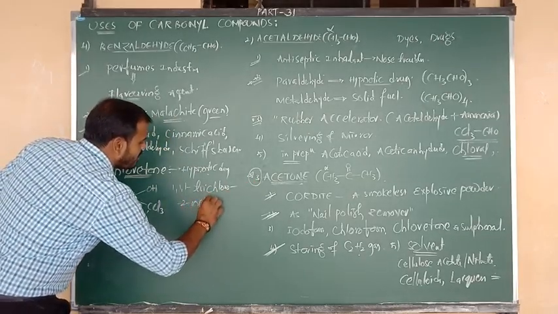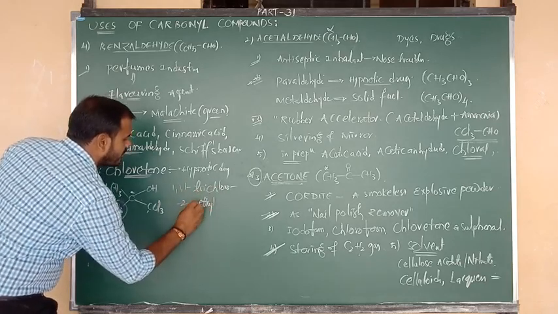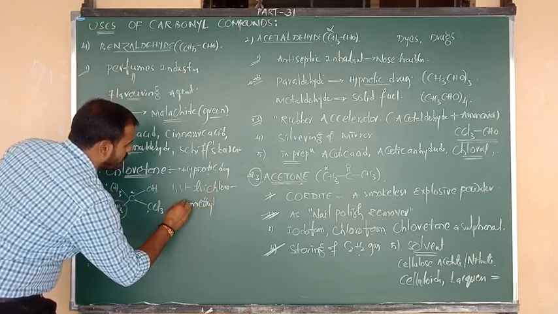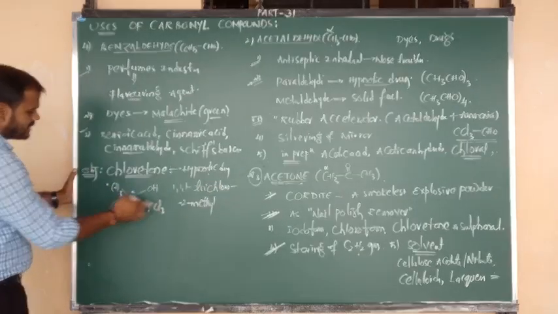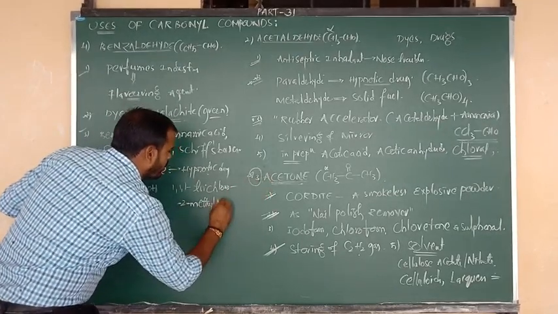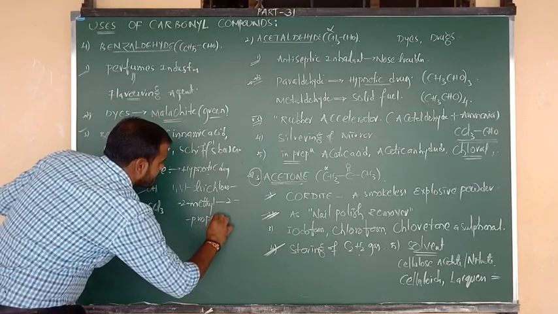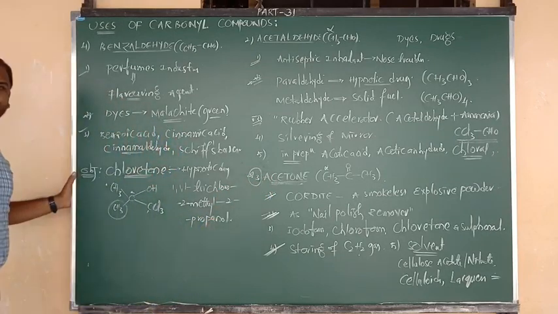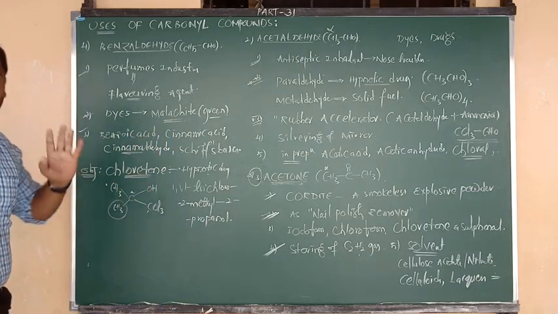So 1,1,1-trichloro-2-methyl. Remaining is 3 carbons, simply propane-2-ol, otherwise 2-propanol. This is the information you must remember.